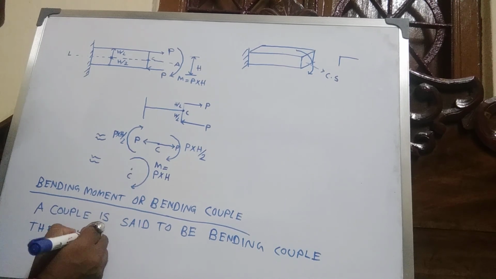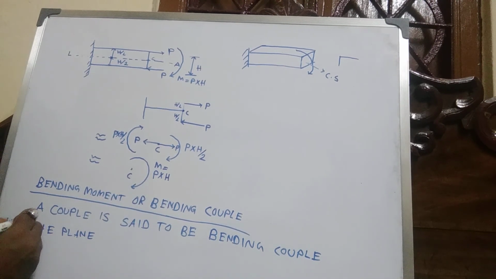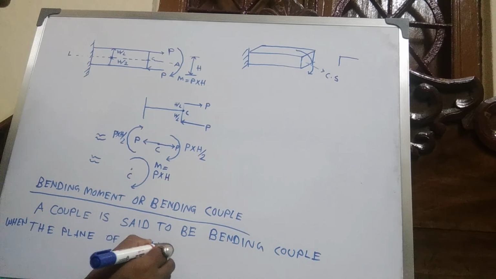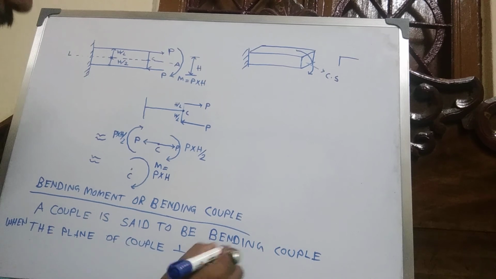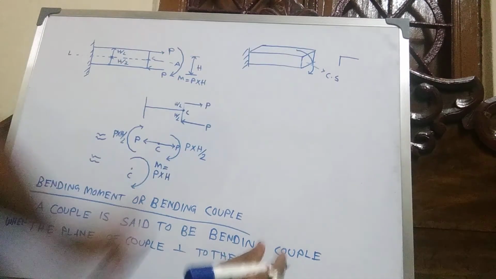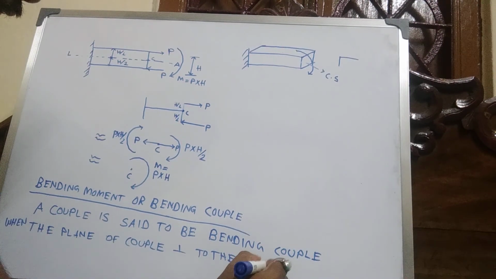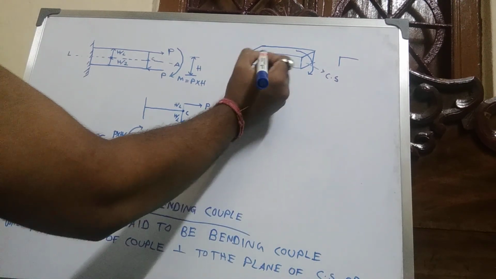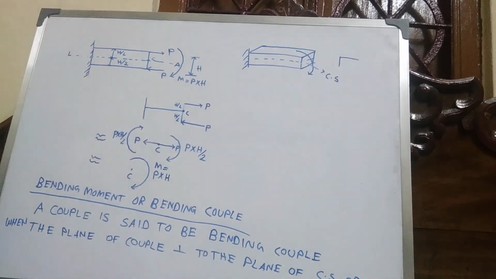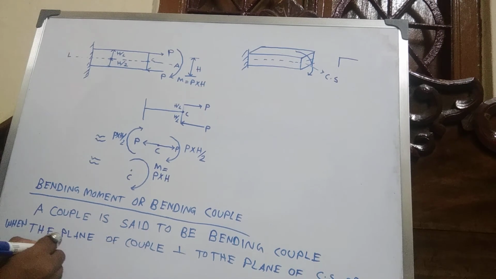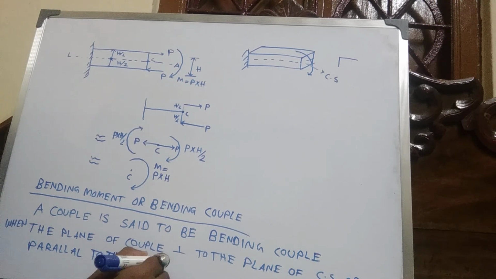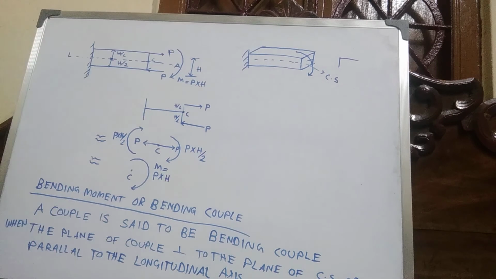So the plane of the couple is perpendicular to the plane of the cross section, or parallel to the longitudinal axis. Understand?